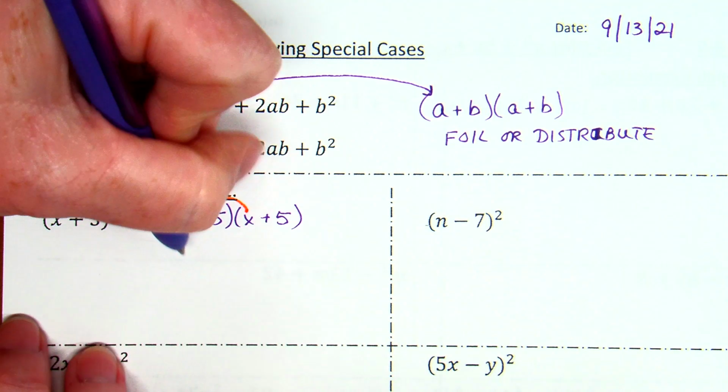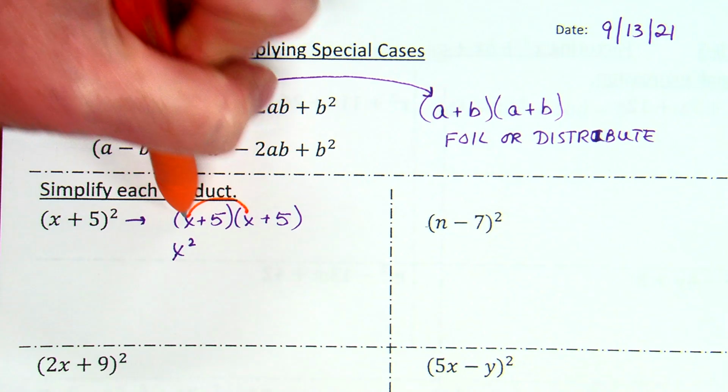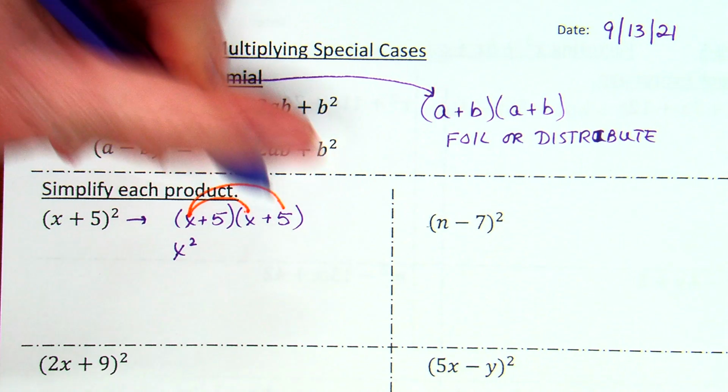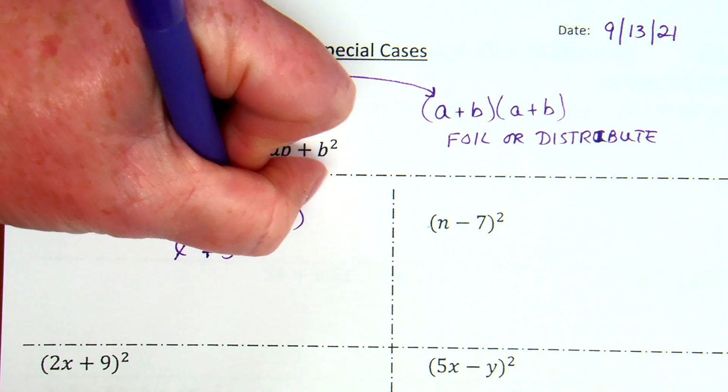Hold on to that thought. I don't want to go there yet. I'm going to miss some stuff if I do that. So I do x times x, and then I'm going to do what you can call the outside if you want to think FOIL, or it's just taking the x and distributing it. We did x times x, and now x times 5. What is x times 5? You just smush them together, and it's 5x.